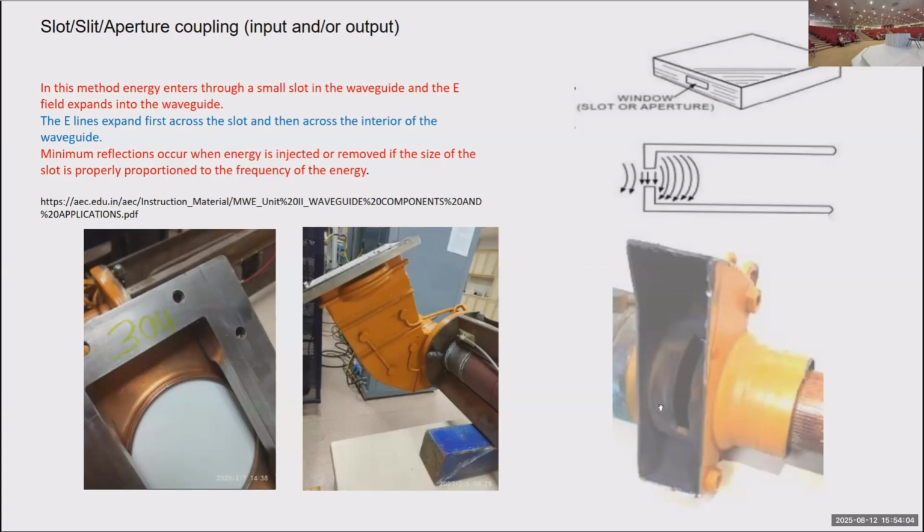Then at the time, after measuring all of the things, we decided that this is about 1.3 gigahertz, because you can find it from the cavity sizes and the slot also.